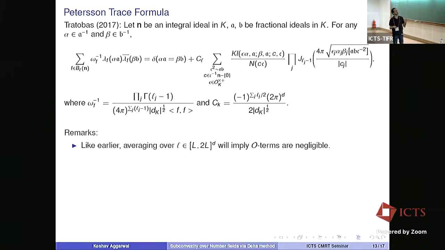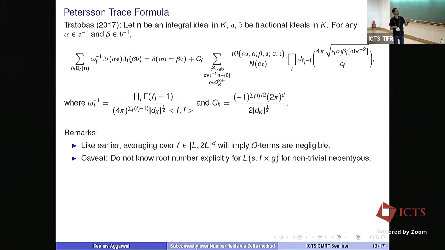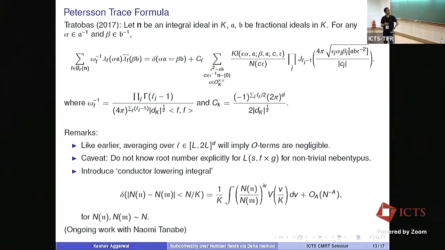Like earlier, we will have to average over certain weights. There's a caveat: later on, when we have to apply a certain functional equation, we do not know the root number explicitly of the L-function when the Nebentypus is non-trivial for a Rankin-Selberg L-function. But we are able to deal with that problem by introducing a conductor lowering trick.